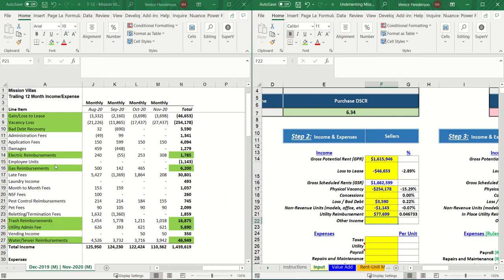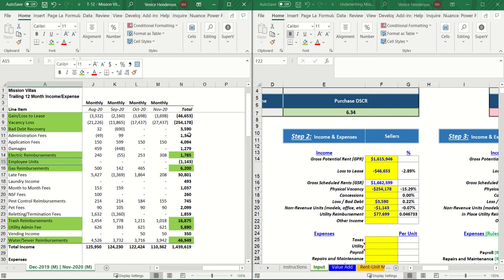All right. So our other income would be everything else. And as I am going to do everything else, I'm going to just make sure collecting everything and just verifying it. So late fees, laundry income, month-to-month fees, non-sufficient fund fees, pest control reimbursement, pet fees, and reletting termination fees, and vending income.